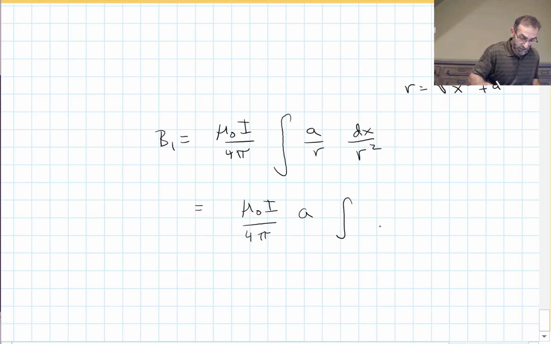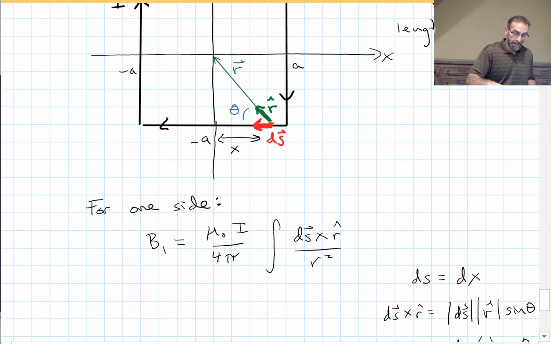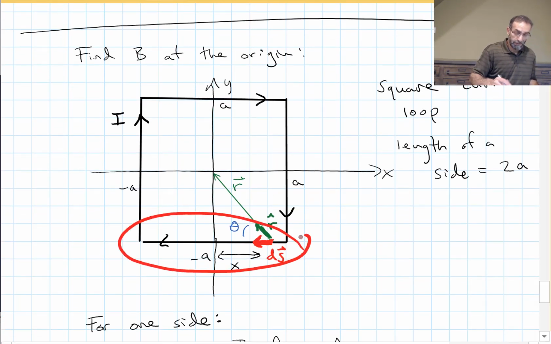A is a constant, we can bring that out. And we're integrating along the entire segment from minus A to plus A. We're integrating every little segment of that current carrying wire path.